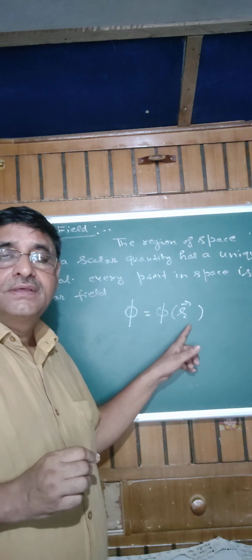Now you see how we can represent it. This is phi, the letter with which the scalar field is represented. In electricity and magnetism, phi is written as phi equal to phi of r. r means space, that is x, y, and z, so it can be represented as phi of x, y, z, where phi is a scalar quantity.